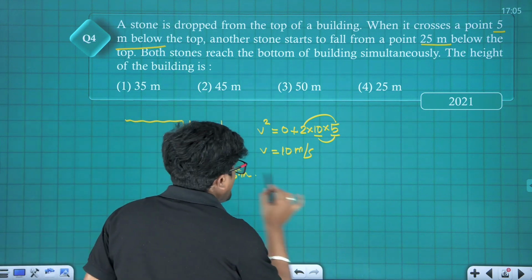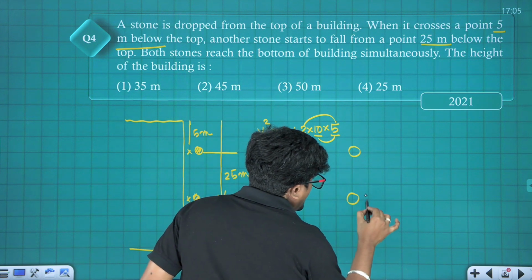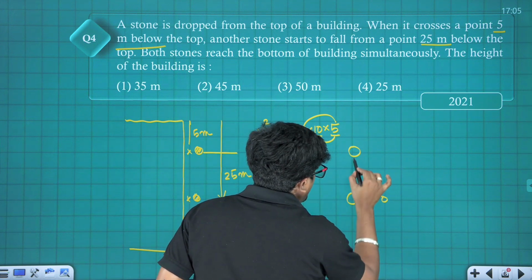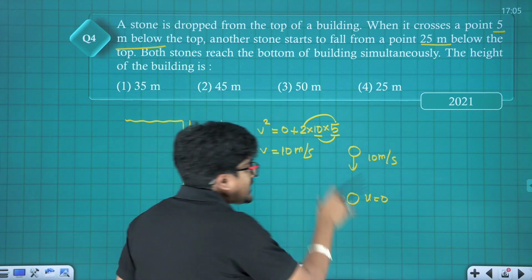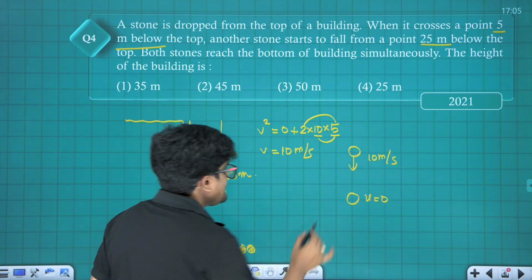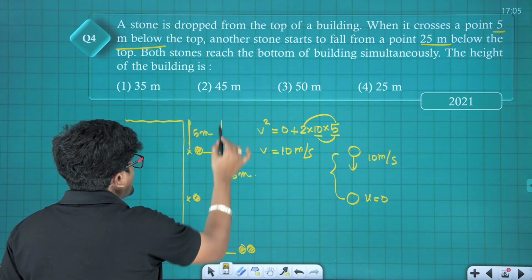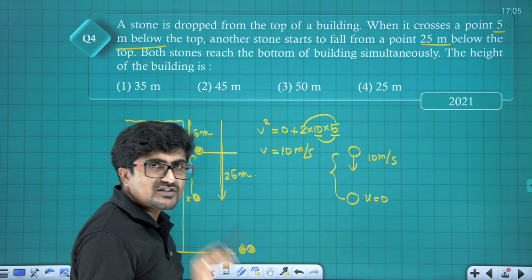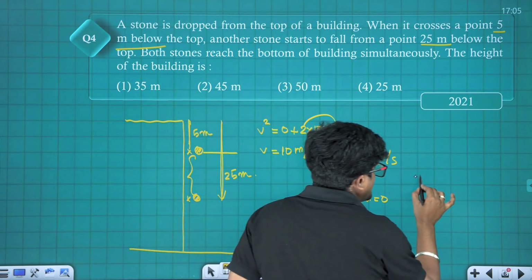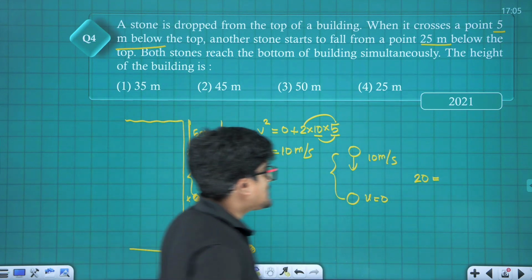Now just have a look. Here is the position. Here this is having 0 speed and here it is having 10 meter per second. Both are experiencing the same acceleration. What is the distance of separation between these two? Here to here it is 5, here to here it is 25. So this distance of separation is just 20. So the relative separation is 20. What is the relative speed?